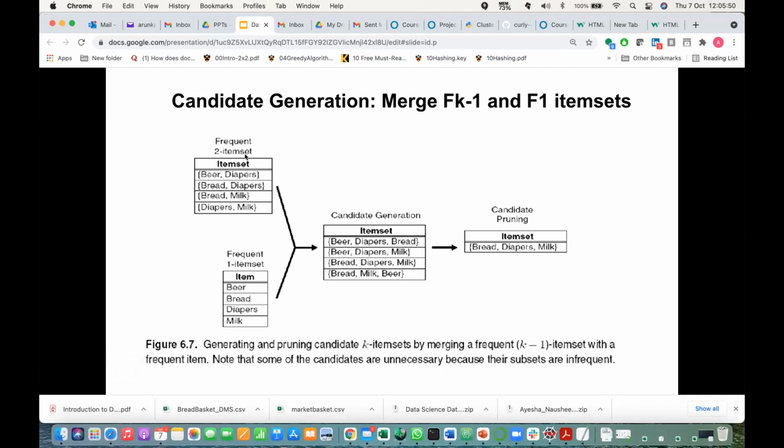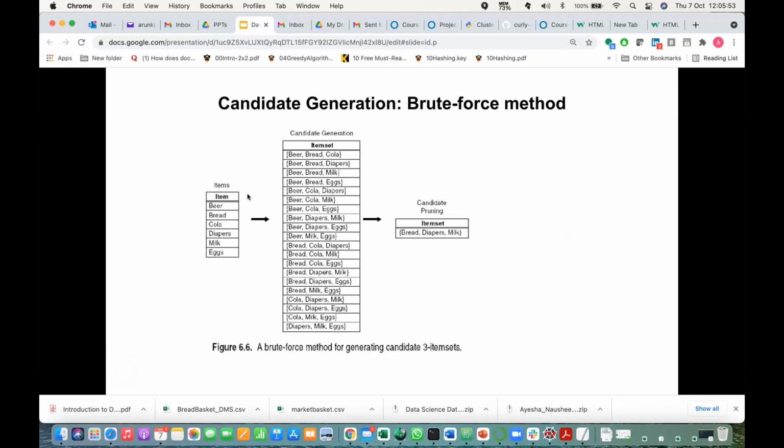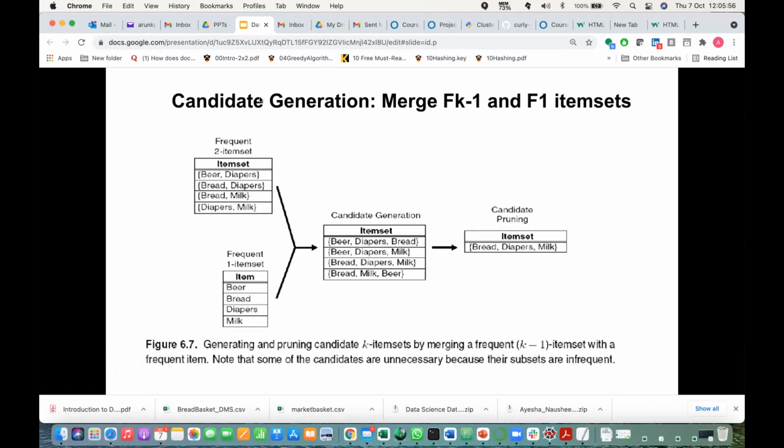So you take the frequent 2 item sets and join them with F1. So merge Fk minus 1 and F1 item sets.